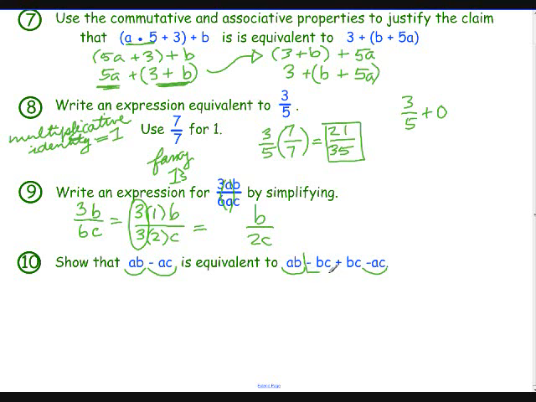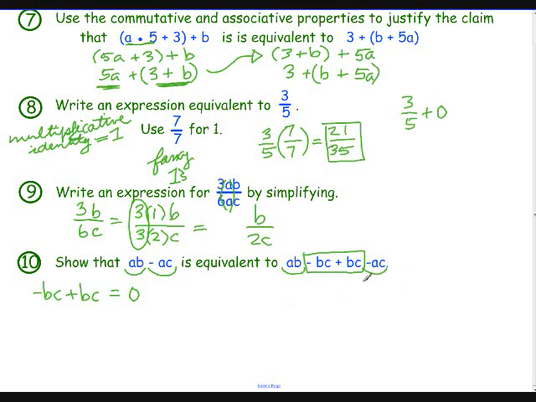So the difference in these two expressions is right here. That's what's been added in the middle. A minus BC plus BC. Well, what happens if I add those two together? A negative 1 and a positive 1 of these?